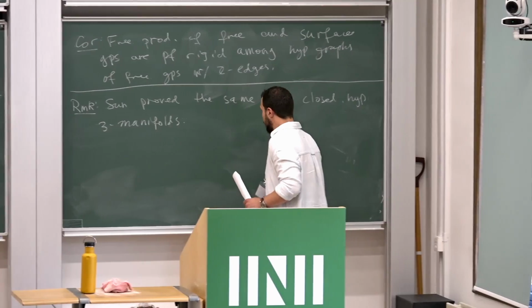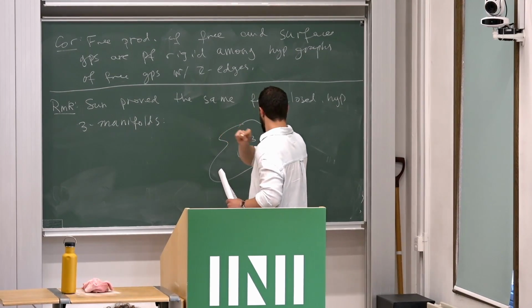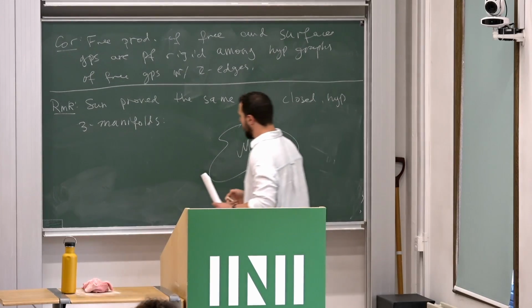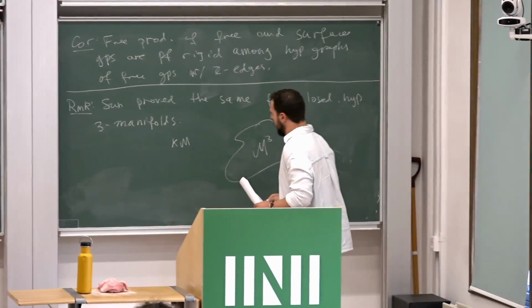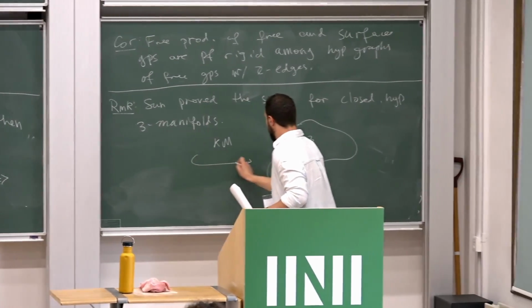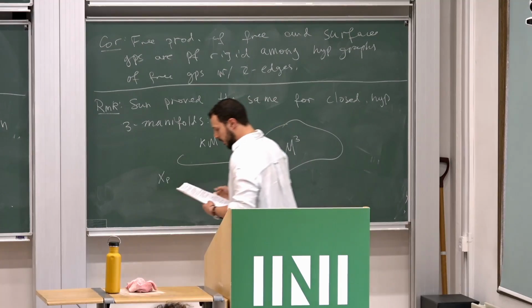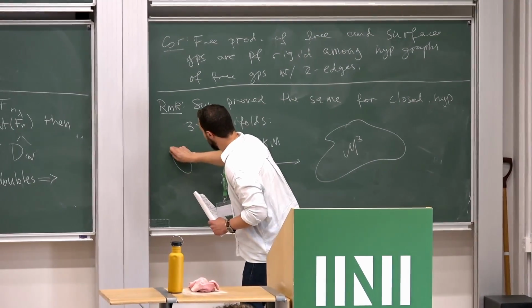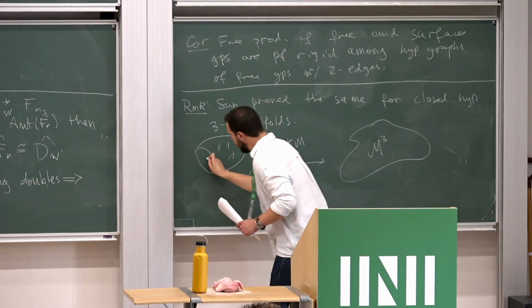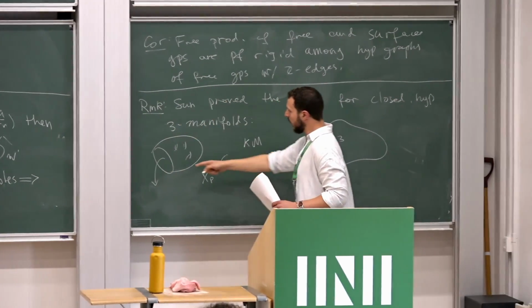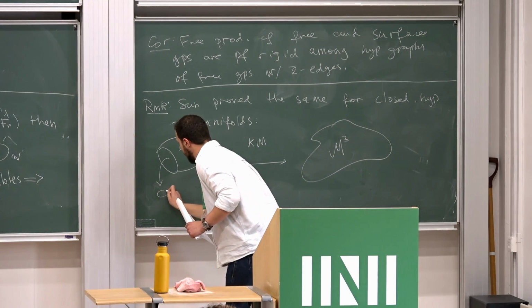And the idea behind this proof is the following. Given some three manifold, using the Kahn-Markovich construction, he was able to immerse a certain two complex into M, which looks like this. It looks like a surface with boundary, where the boundary of the surface goes p times around the loop.